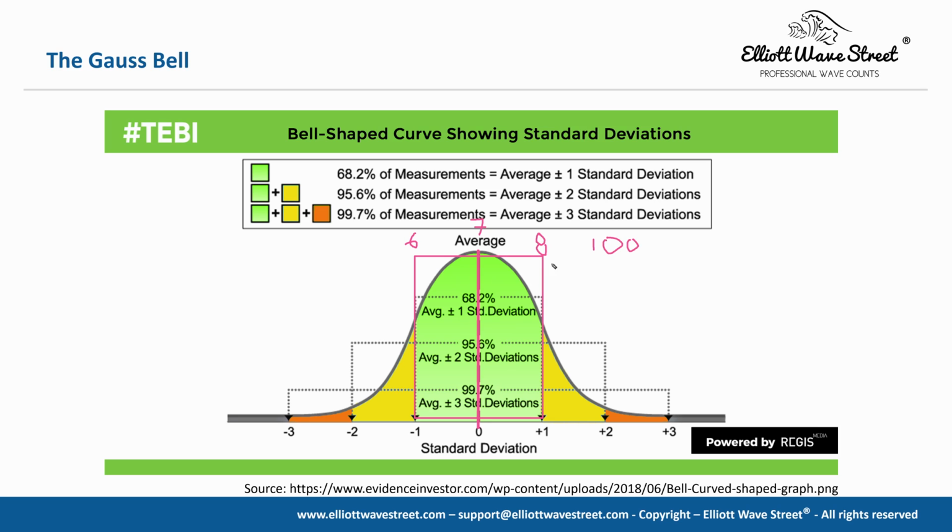And 2 standard deviations will be this area right here. And don't worry, we're going to make some other examples. But 2 standard deviations is the 95% of the data. And we can say that the grades from 95% of the students are going to be between 5 and 9.